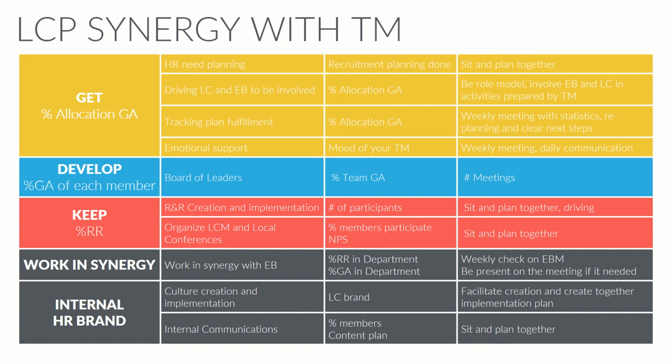Maybe during the first month or 2 months you can be present on this meeting if needed, or later, if you see that it became bad, you also can be present and just check and give them feedback on how this synergy meeting needs to look like.